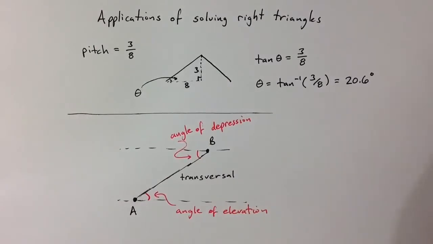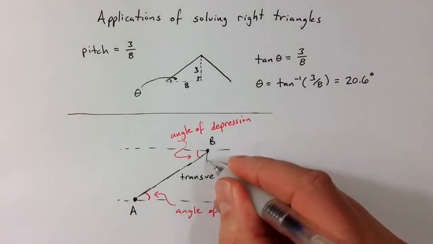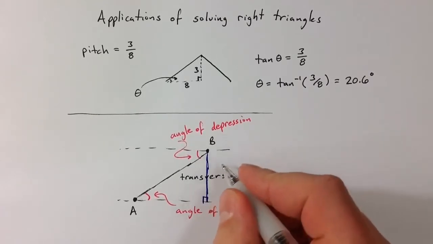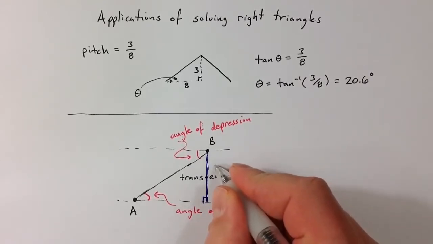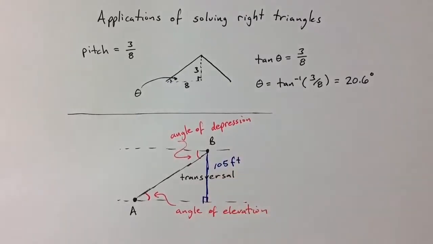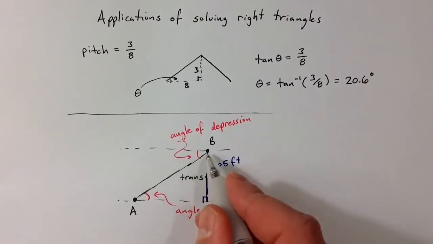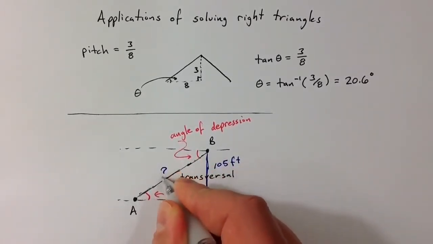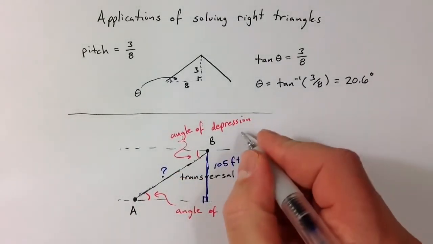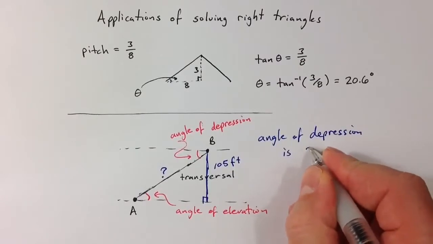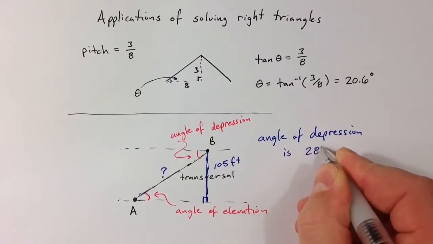Let's say we have a problem where I know that the height of the balloon, the height of point B, is 105 feet, and I want to know the distance from A to B, given that the angle of depression is 28 degrees.